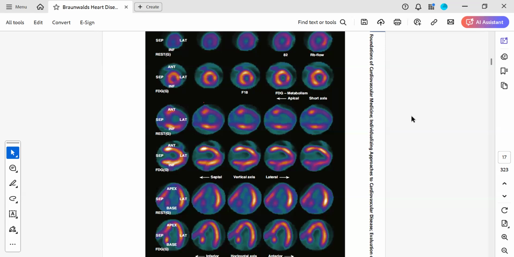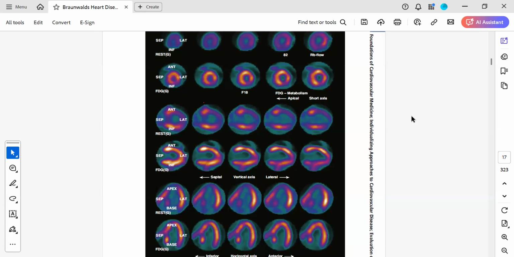Number three is that it has a lot of false positives. That's why they say nuclear imaging is more sensitive but less specific, because it carries a lot of false positives. We talked about attenuation artifacts, breast attenuation, lung attenuation, and a lot of other artifacts. All those artifacts would cause a lot of false positives and affect the interpretation of the results. But that is the advantage of PET over SPECT.